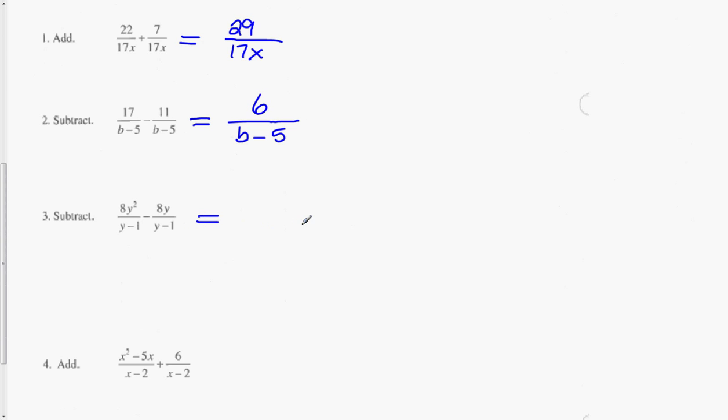All right, this next one I've got a y minus 1 on the bottom. So I have y minus 1. And I've got 8y squared minus 8y. Well, I can't combine those because they're not like terms, so I'm going to bring them over and just write them. Now, I'm going to look at 8y squared and 8y, and I'm going to say to myself, can I simplify that at all? Sure, I can take out an 8y from both of those.